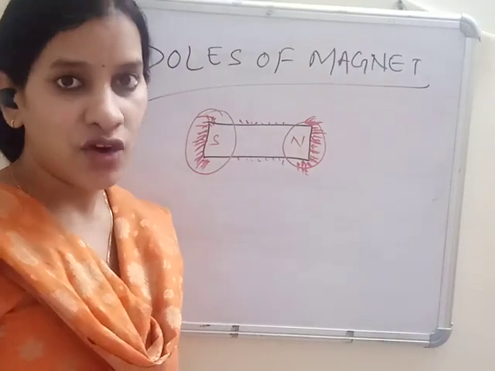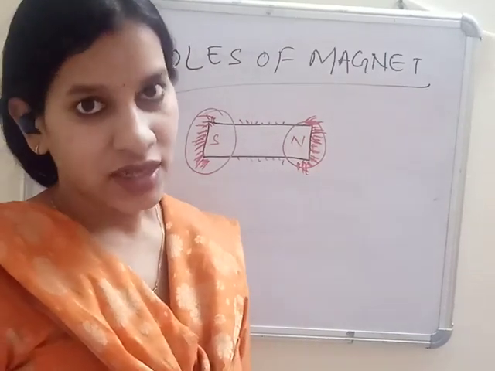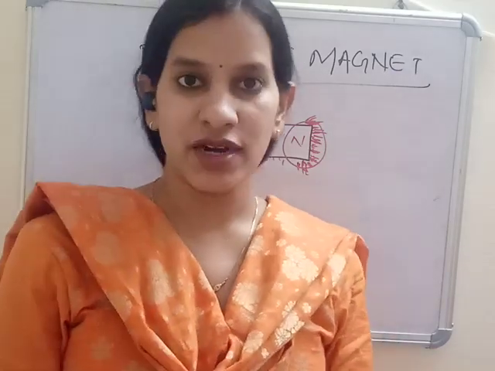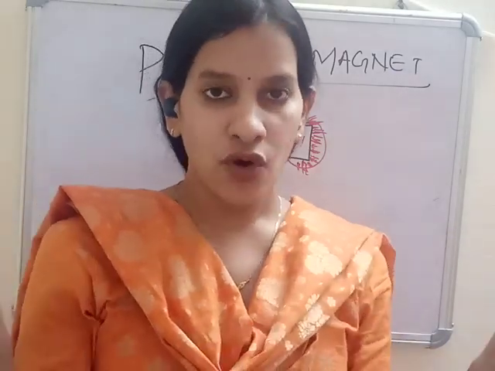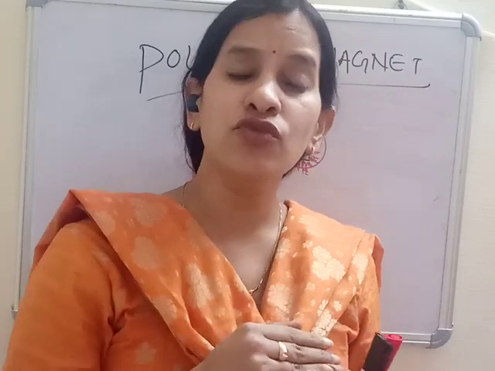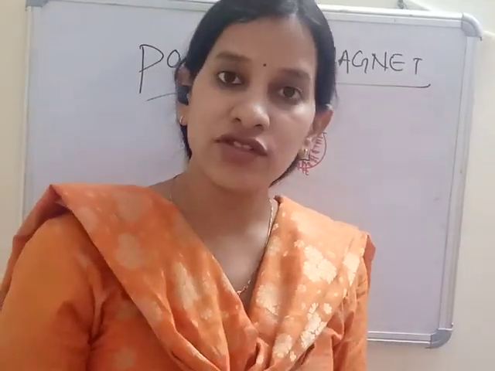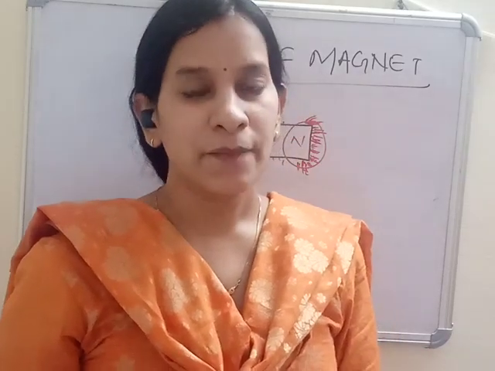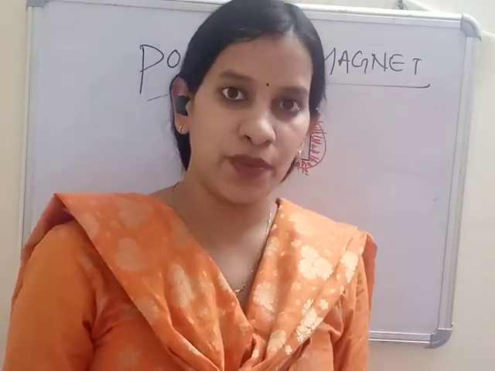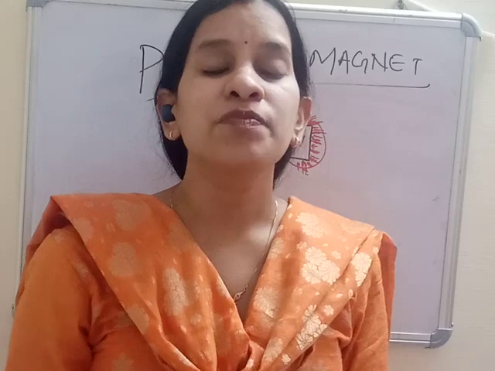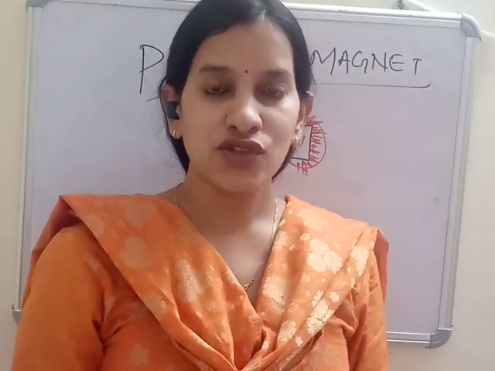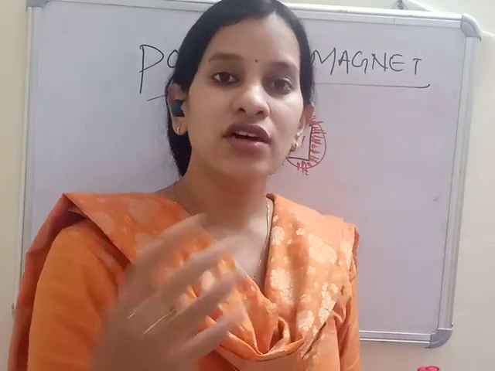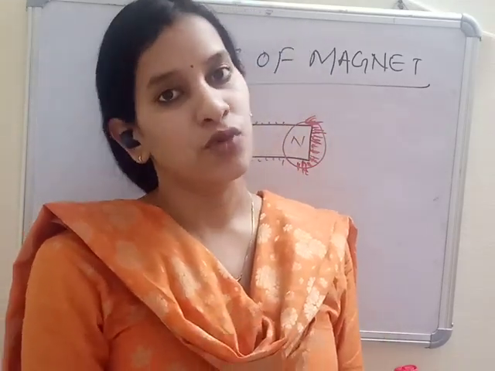Also, the Earth behaves like a magnet. If your Earth is divided into two parts, you all know that if you move towards the north or south pole, your weight is going to increase, because our weight depends upon the attraction power of the Earth. As we move towards the north or south pole, the Earth attracts more and more.